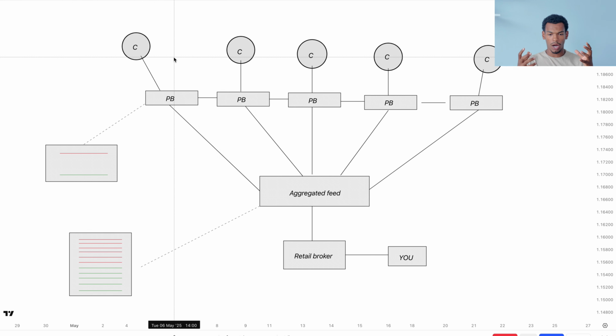The marketplace operates, and the way that a lot of these institutions operate, especially the algorithms employed within these prime brokerages, is that they want to fill orders in the most efficient way possible, causing minimal price impact and price movement, and doing so at the lowest cost possible. They're not trying to manipulate others or retail traders, not on a large scale anyway.